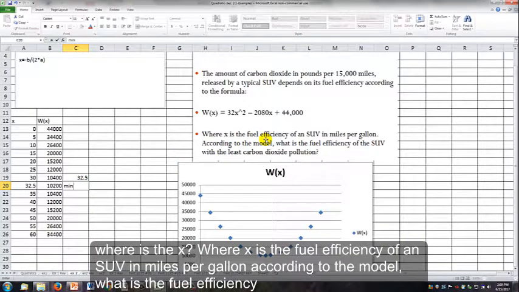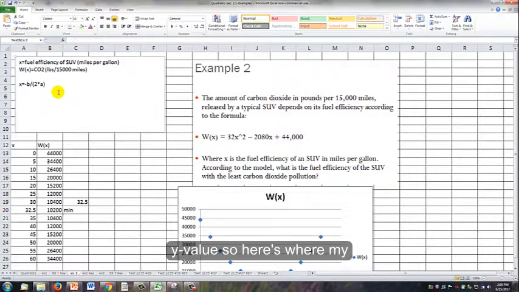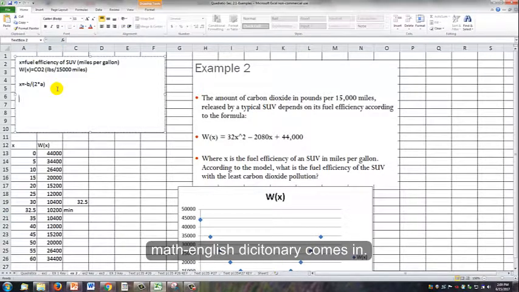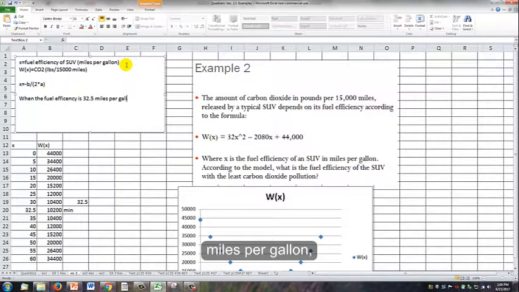So where is the x? Where x is the fuel efficiency of the SUV in miles per gallon according to the model. What is the fuel efficiency of the SUV with the least carbon dioxide? So I found the smallest y value. So here's where my Math English Dictionary comes in. When the X, or fuel efficiency, is 32.5, what are my units? Well, I wrote it down right here. Miles per gallon.